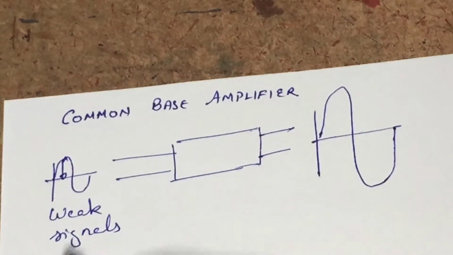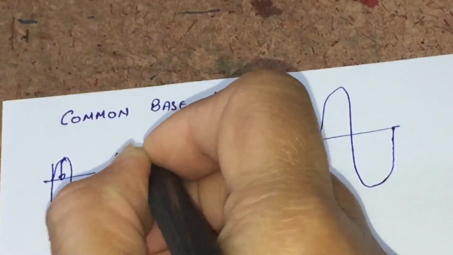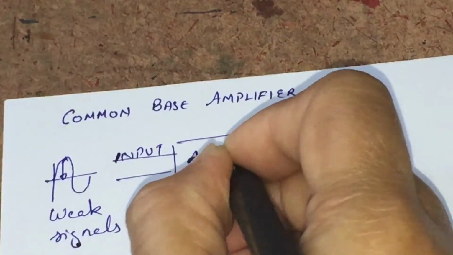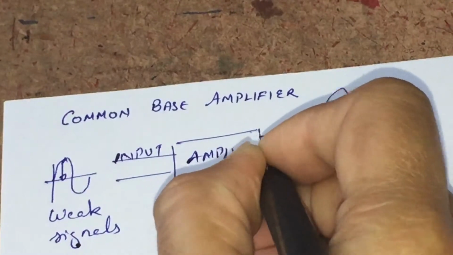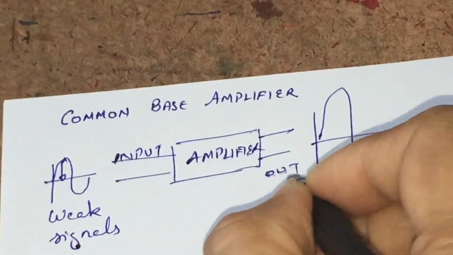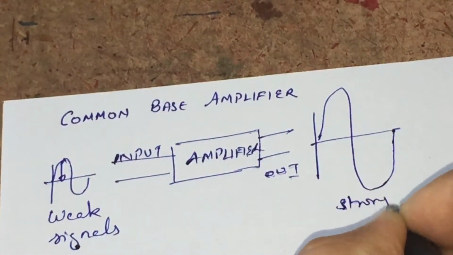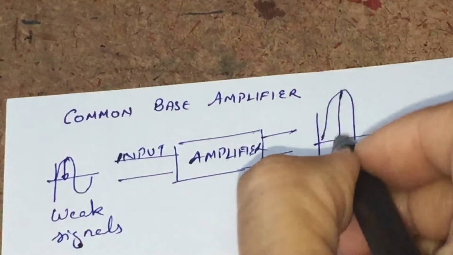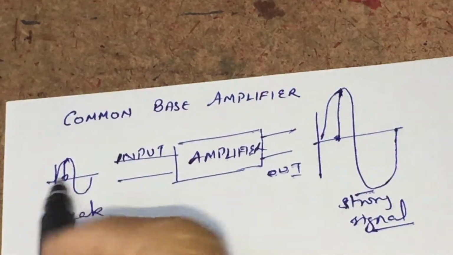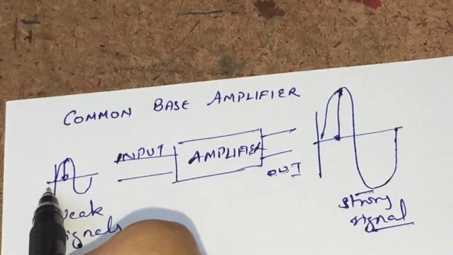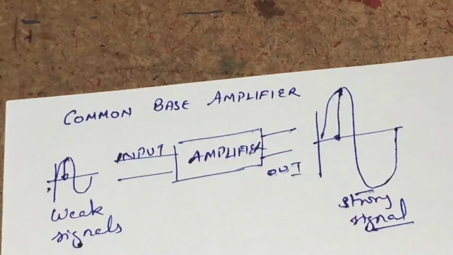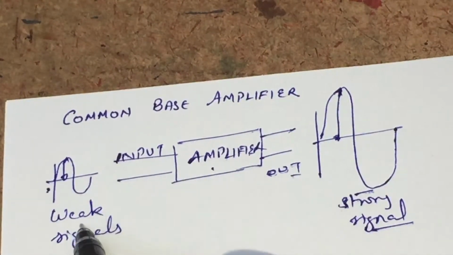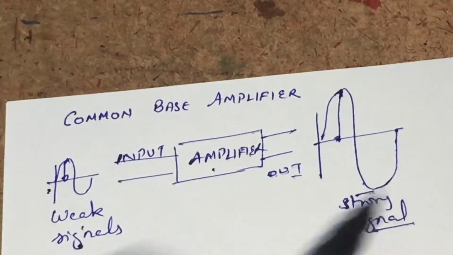It means if we feed a weak signal into the amplifier circuit, we will have a strong signal in the output circuit, which is large in amplitude compared to the input signal. This device is known as an amplifier. Hence, an amplifier is an electronic device which converts a weak signal into a strong signal.